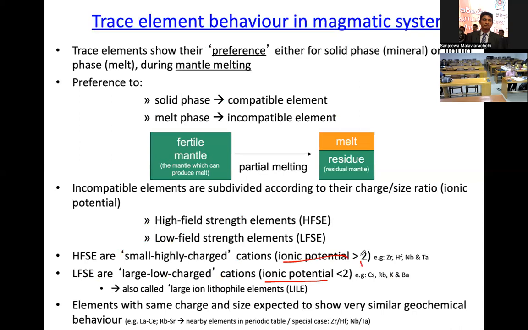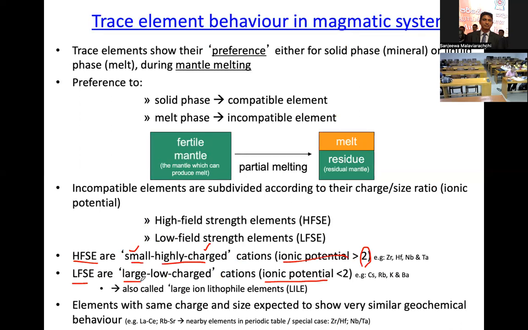We use the number 2 as a critical factor to divide high field strength elements and low field strength elements. That means if the size is small and it is highly charged, that means valency is high and ionic radius is small, you can group them as small but highly charged. Also you can classify another group, large ions.